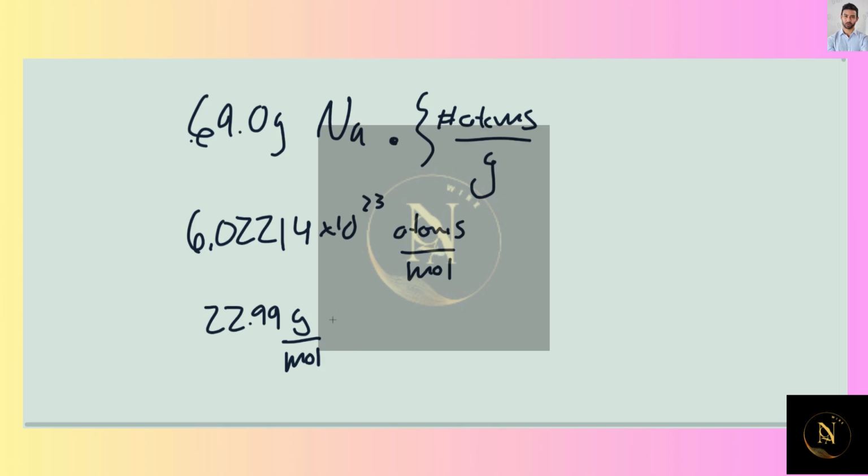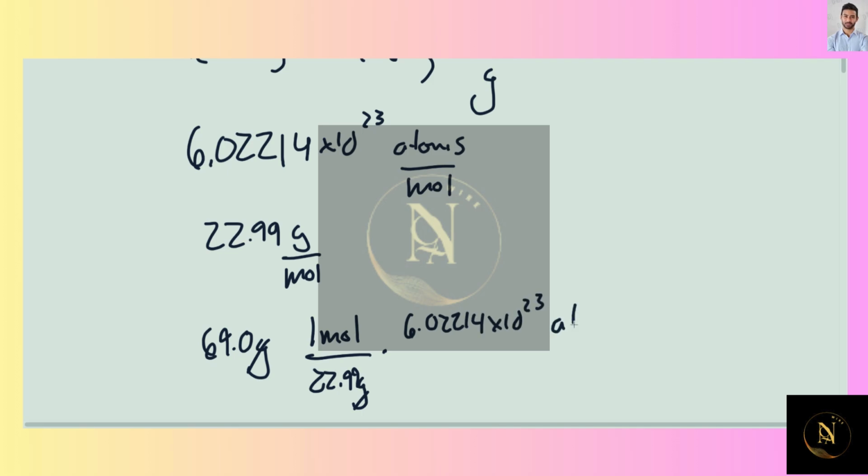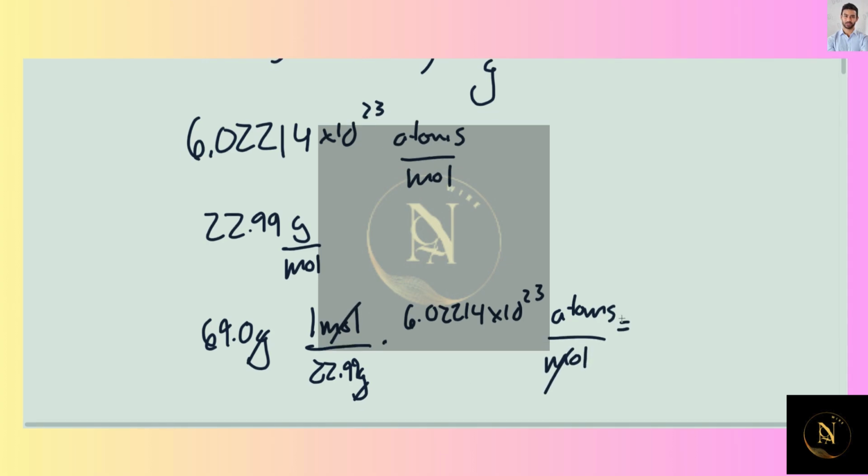So we can get atoms out of this. We just need to take 69.0 grams, right? And then we want to get rid of grams, so we want to do 1 mole for every 22.99 grams. And then the grams will cancel, and we don't want to know moles, we want to know atoms, so we do 6.02214 times 10 to the 23rd atoms per mole, so the moles will cancel, and we get the final answer.